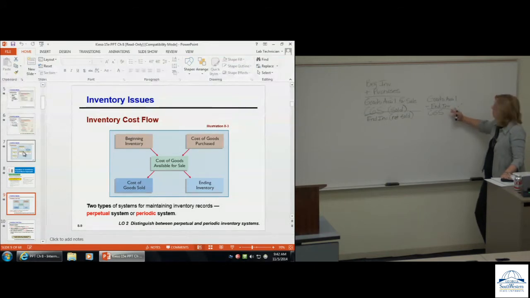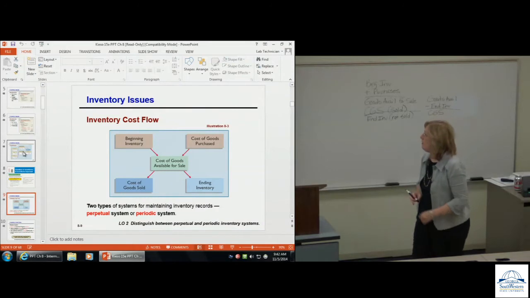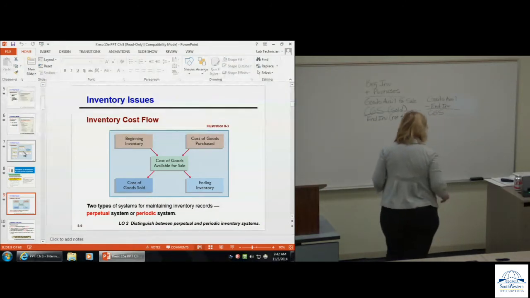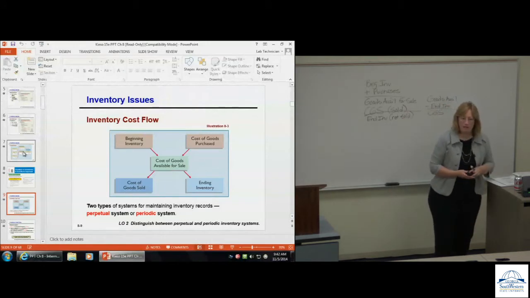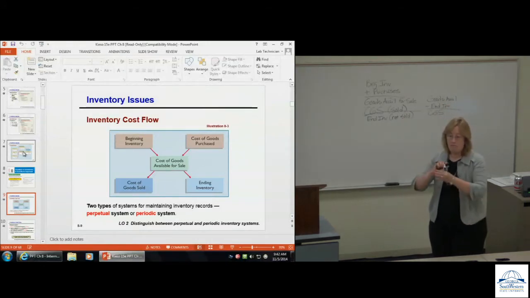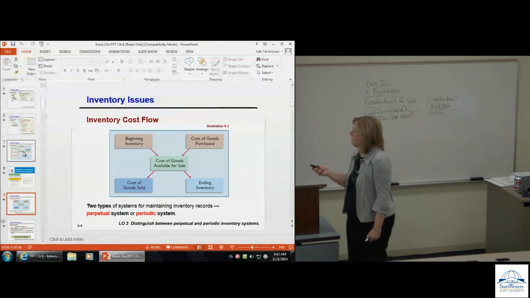Cost of goods sold is goods available for sale minus ending inventory. Okay. So we're straight on that one? Questions about that? Okay. So this one we're going to memorize, right? Going to know this one because this is very important for a lot of reasons.